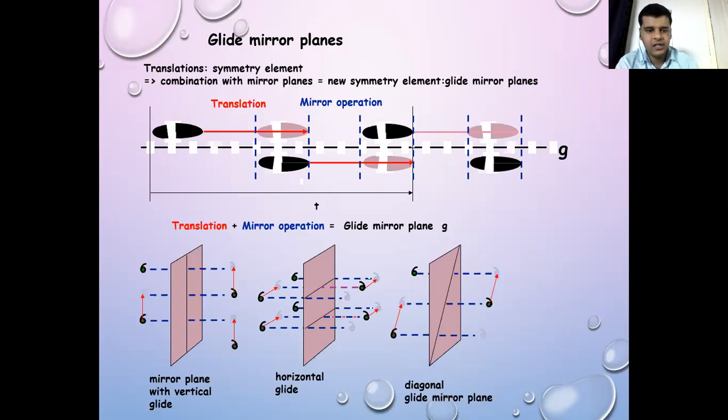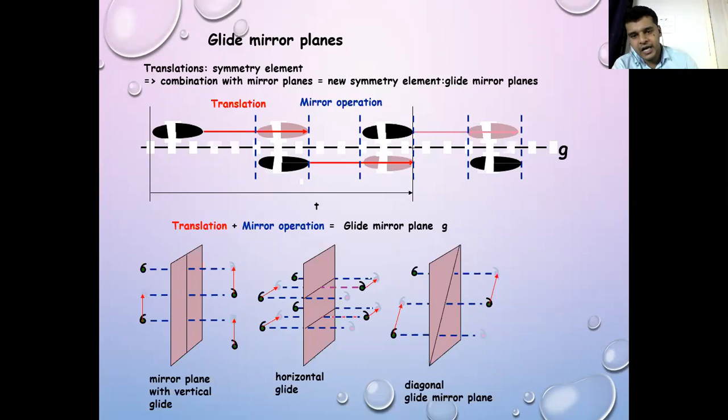And also if you take four atoms with a mirror plane, there are vertical glide, horizontal glide, and diagonal glide. So this is the example for glide mirror planes. Basically, glide is nothing but the one which combines translation and reflection.